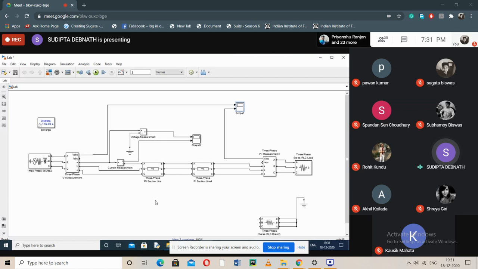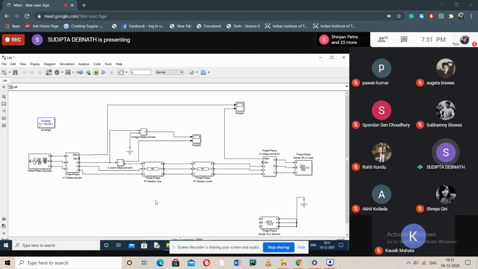You have two experiments in each section, isn't it? In power system, you have two experiments. One experiment is this one. In the other experiment you will see the characteristics of the magnetizing current of a transformer and the hysteresis loop, and how to find the phase angle difference using Lissajous pattern.